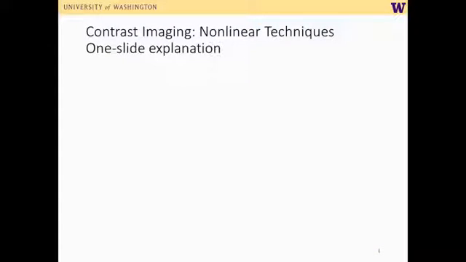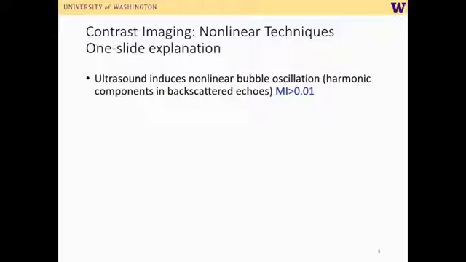Contrast agents are imaged with nonlinear techniques. I'm going to try now to describe with just a single slide how that is done. Ultrasound induces nonlinear bubble oscillations, and that produces harmonic components. This happens as early as an MI of 0.01.